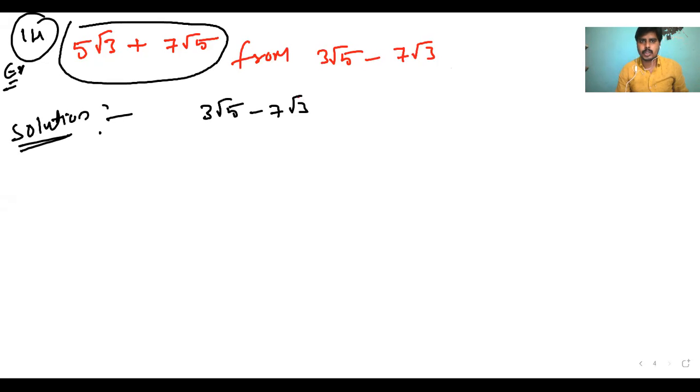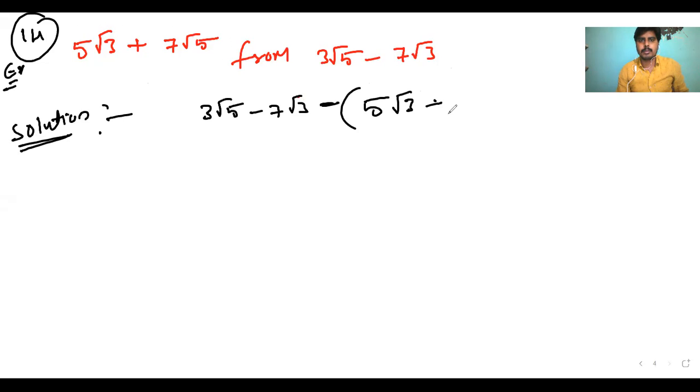So I am taking first 3 root 5 minus 7 root 3, minus, and taking a bracket, 5 root 3 plus 7 root 5. Why am I taking a bracket here? Because we have a minus sign, because we are taking subtraction. If it is addition, no need to keep that bracket. But for subtraction, you must maintain the bracket.